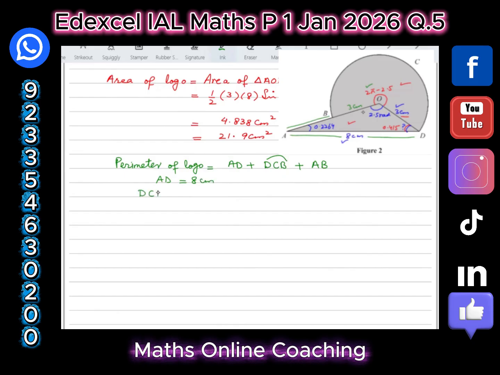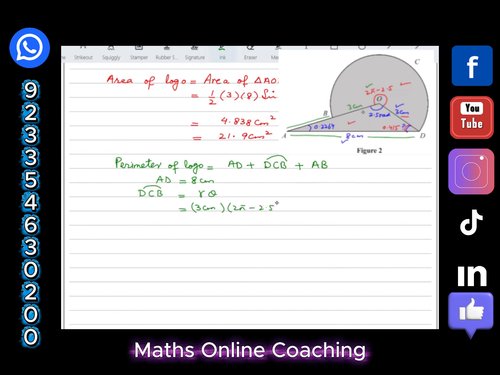Arc DCB can be calculated by formula R theta. R is 3 centimeters and theta is 2 pi minus 2.5 radians. This is equal to 11.35 centimeters.